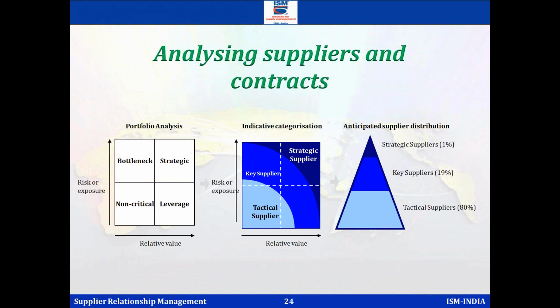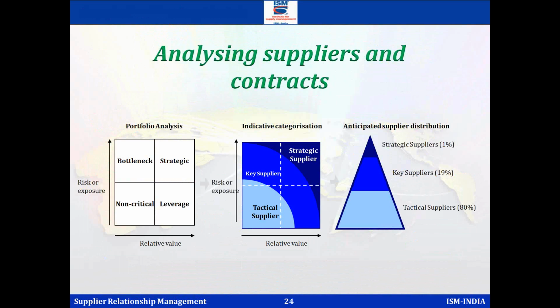Now I'm trying to put the same thing into these parameters. You have a portfolio analysis: bottleneck, strategic, leverage, and non-critical, meaning routine items. You can categorize suppliers the same way. Strategic has strategic suppliers. The bottleneck and the leverage more or less both come under key suppliers, and non-critical is the technical supplier.